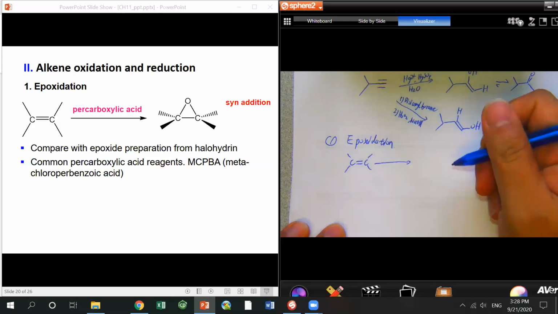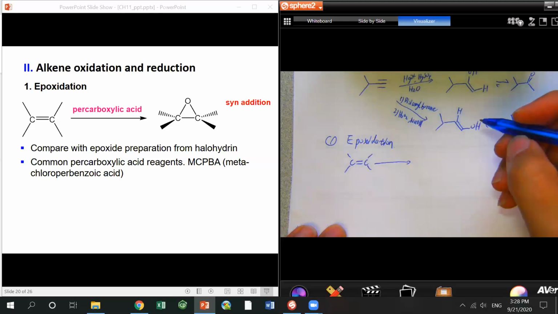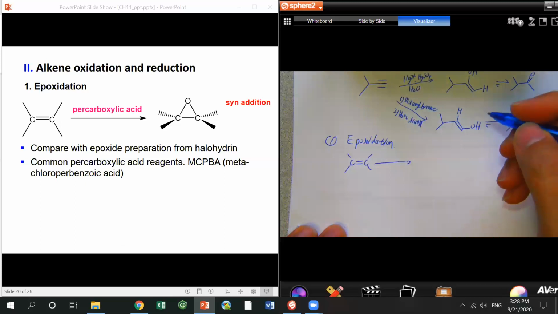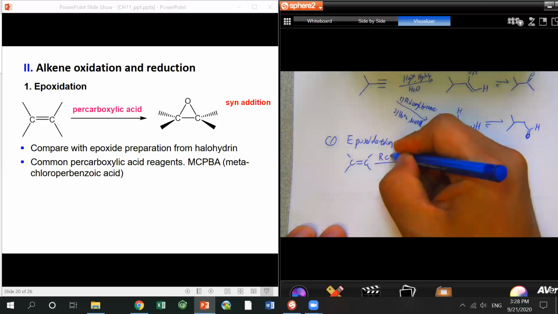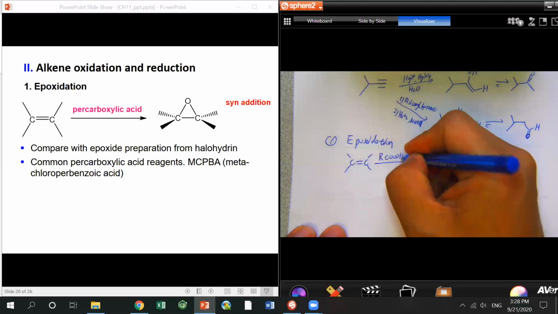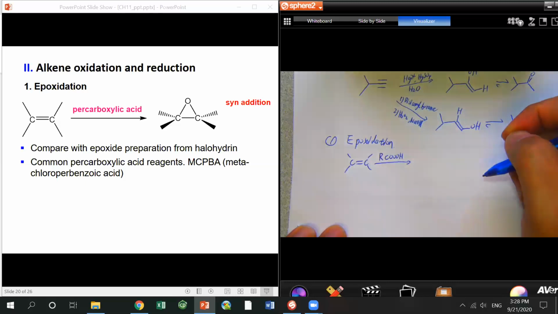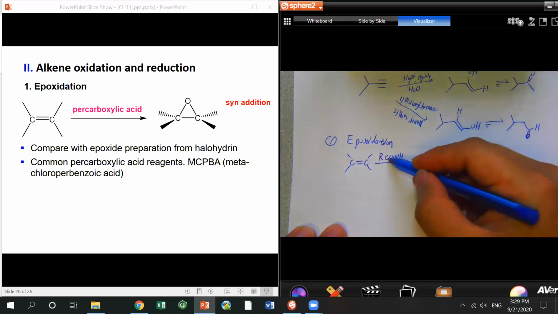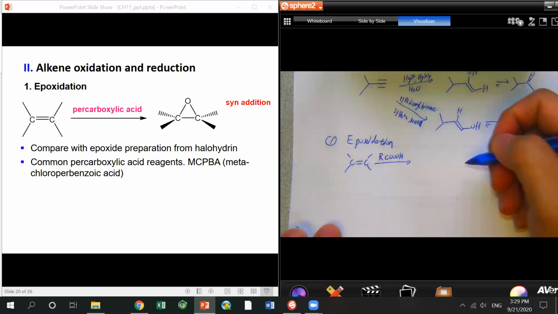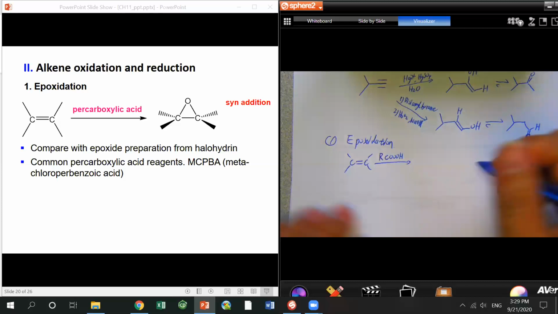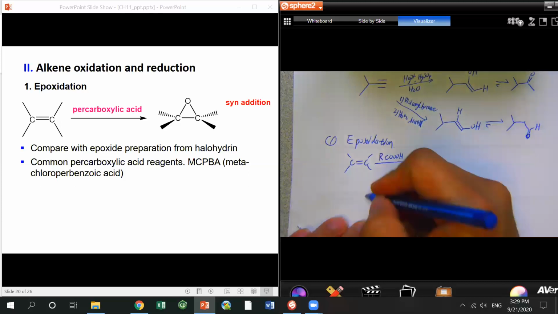The reagent used to convert alkene to epoxide is called a peroxycarboxylic acid, or percarboxylate. It has this structure, with three oxygens. That's called a percarboxylate. The real structure is pretty much like this.